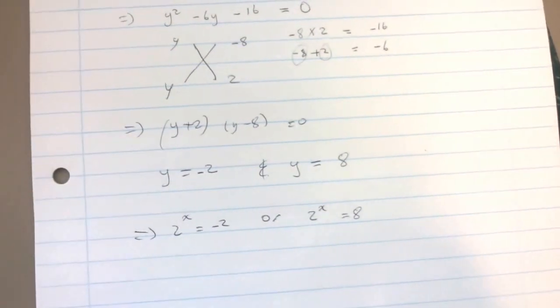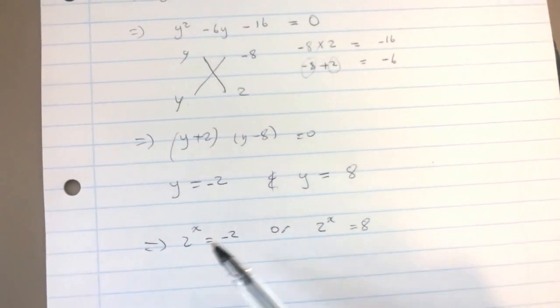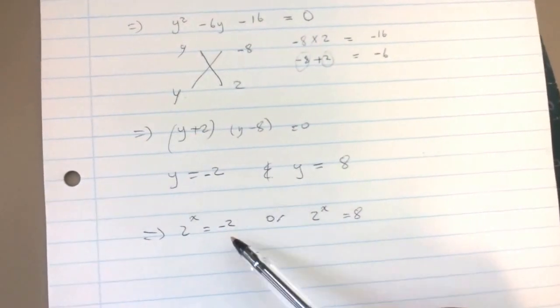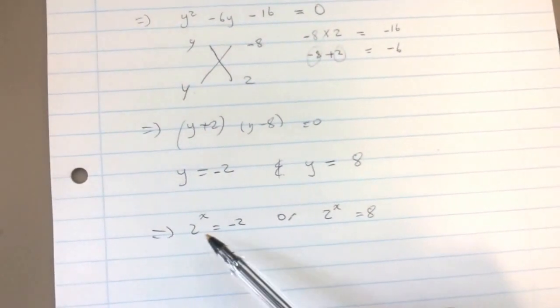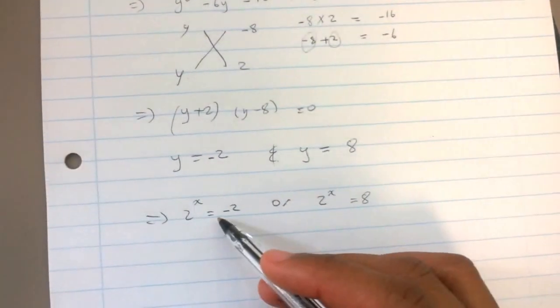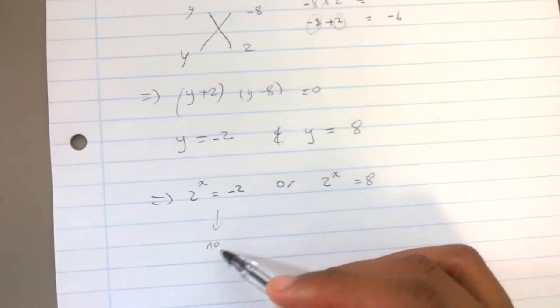The first thing you should note is that for the first one the answer is negative, so it is not possible for you to get a solution here. So here you'll have no solution.